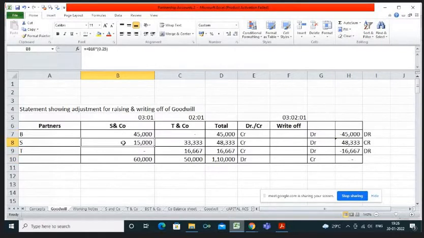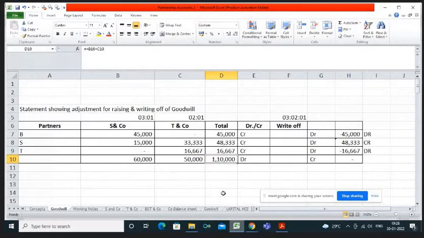In the case of T and Co, we will show goodwill as an asset at the value of 50,000 and S will get a share of 33,333. T will get a share of 16,667. So overall, the total goodwill of 1,10,000 will be shown in the books of BST and Co.